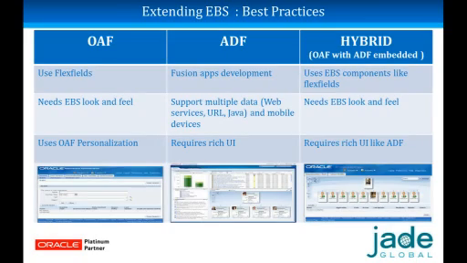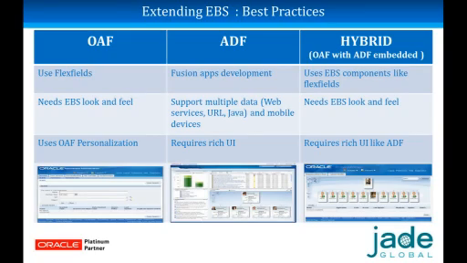When it comes to ADF, the entire Fusion application is built upon it, and it supports multiple data structures like web services, URL, Java, and, as I said, using the B2B adapter, even CSV files and XML gateways. If you require a really rich, very interactive, very customizable user interface, then definitely the option is ADF.